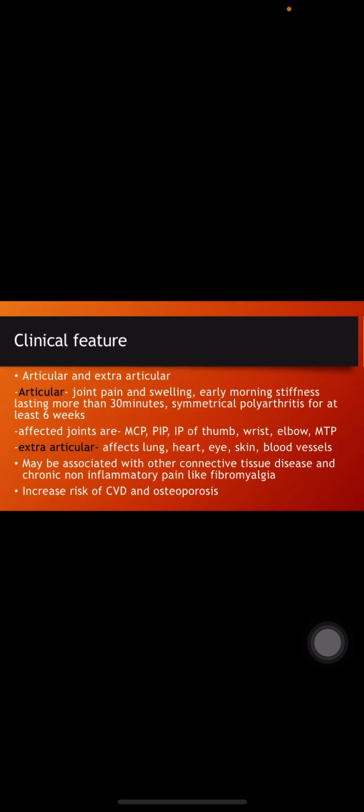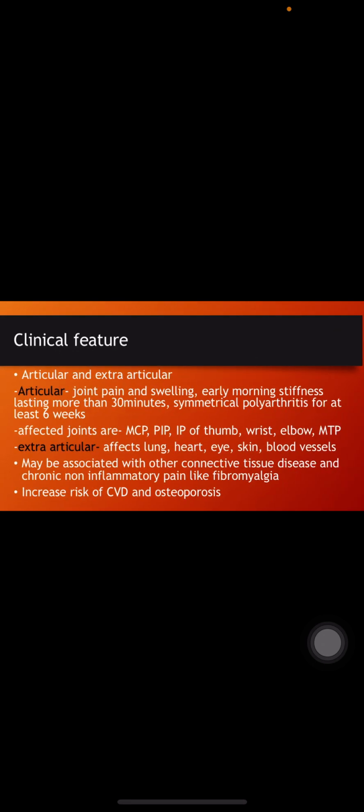Okay, clinical features for rheumatoid arthritis, we have two types, articular and extra-articular. Articular, where the patient comes with joint pain and swelling, early morning stiffness lasting more than 30 minutes, symmetrical polyarthritis for at least 6 weeks. And then the affected joints, like what I said just now. Extra-articular, it can affect the lung, the heart, the eye, the skin, and the blood vessels.